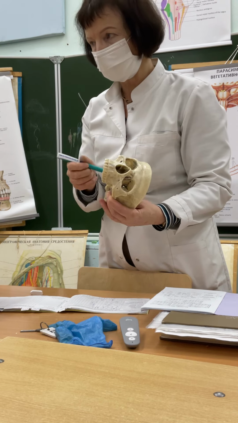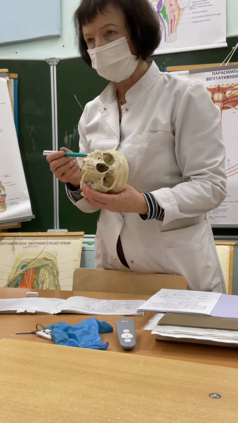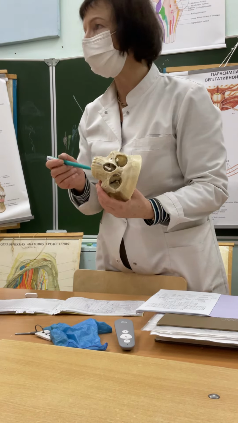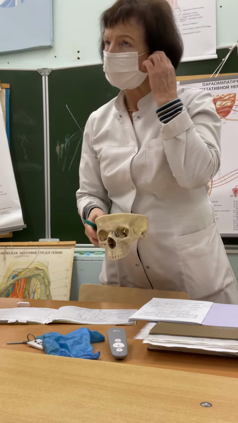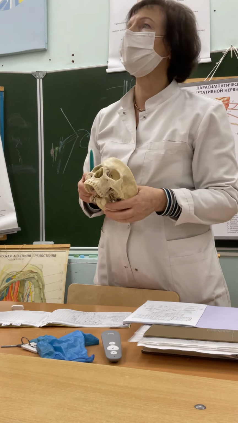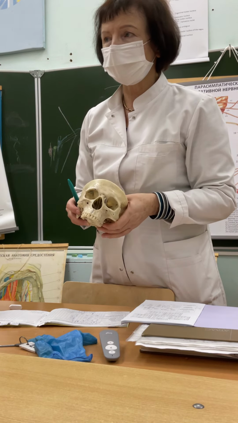Then we have the cervical part, and in the cervical part there are several nerves. First we have the pharyngeal nerve. I said what it innervates: the pharynx and palate. Then there is the superior laryngeal nerve.